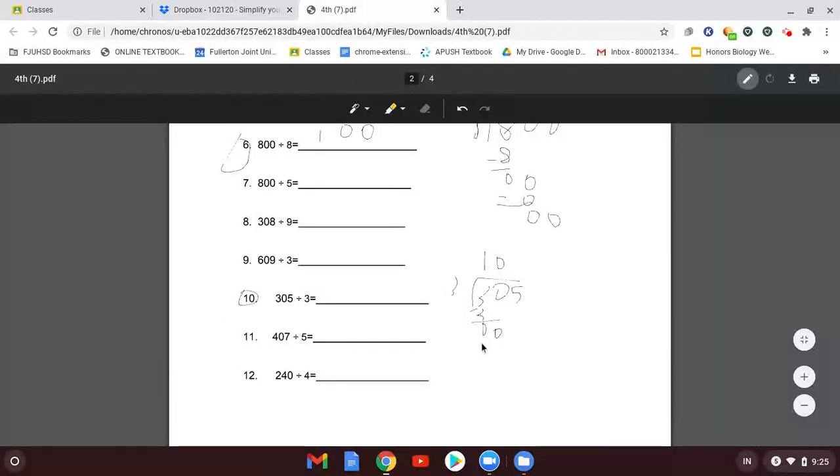Subtract the zeros. Okay, bring down the 5. 5 divided by 3, the closest number is 3, so we do 1. 5 minus 3 is 2. Therefore, the answer is 101, remainder 2.